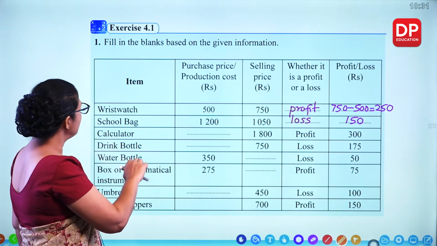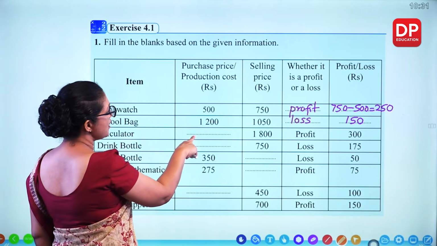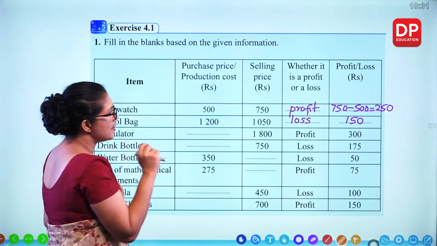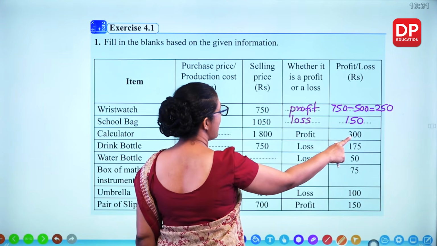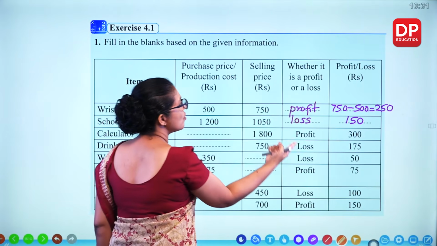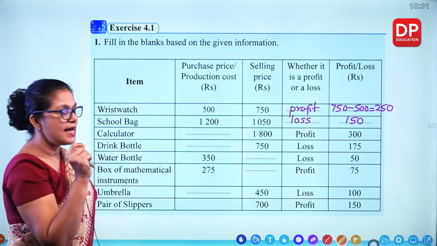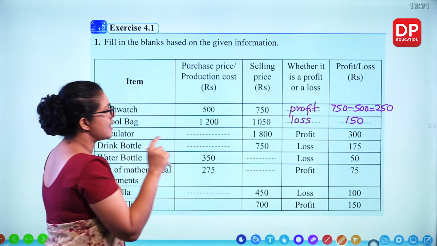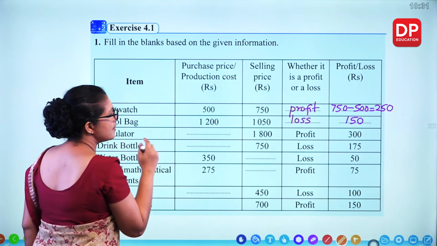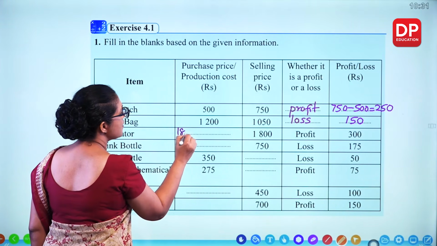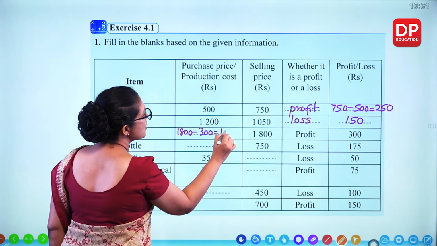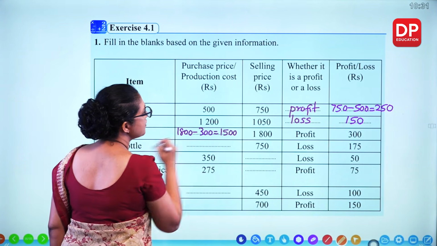Now this one, you have to find out the purchase price. You have given profit of 300 and the selling price is this. So buying price should be less than that, 1800. So subtract 300. So 1800 subtract 300, you get 1500.